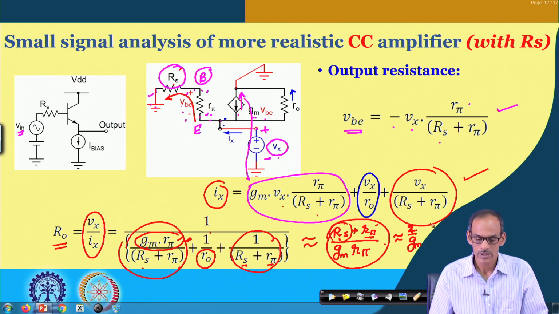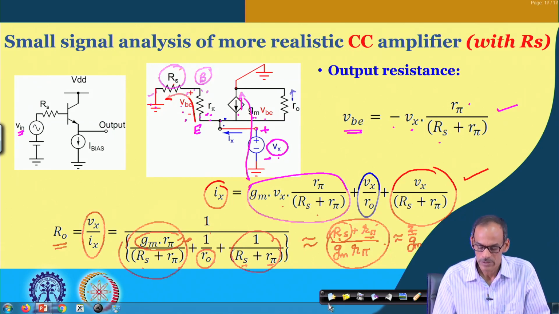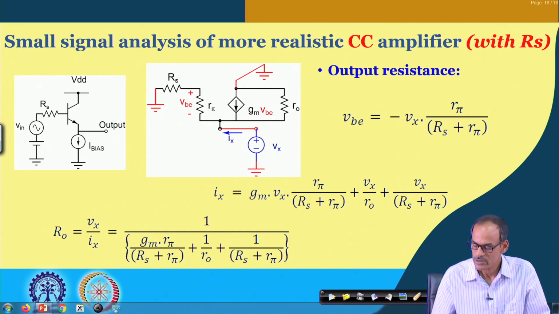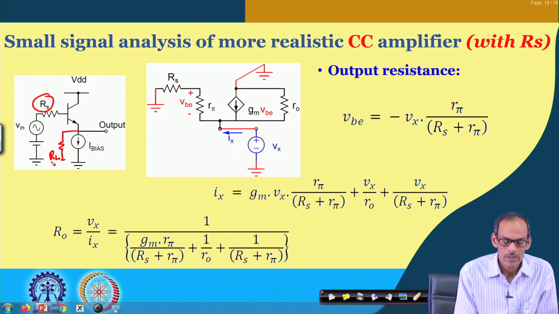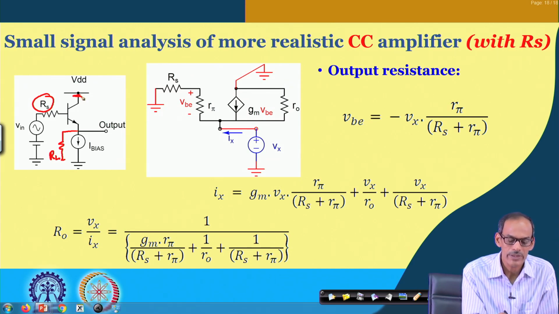So, so far we have considered the R s, and earlier we have considered the effect of R l, and then another part is also possible depending on the circuit connection.